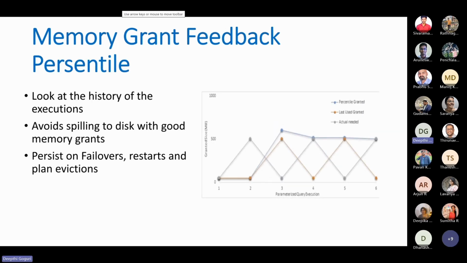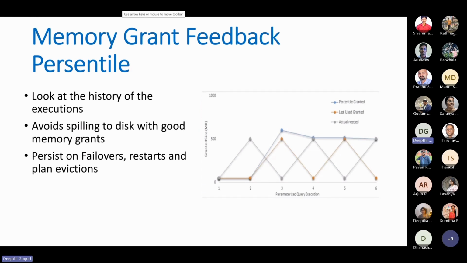Now, with memory grant feedback percentile in SQL Server 2022, it won't only look at the last execution, it will look over time. It will look at the history of the executions based upon the Query Store history data on the database. It will collect that information and avoid spilling to disk by granting good memory grants over time.